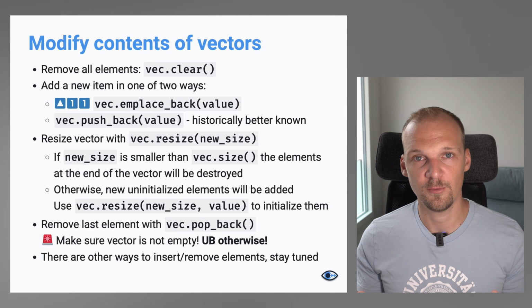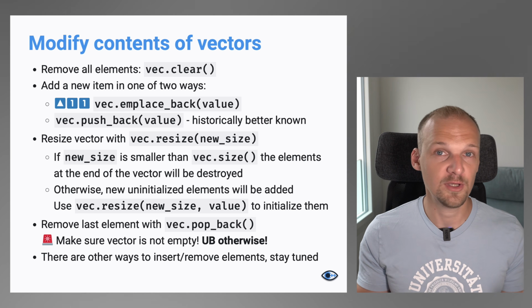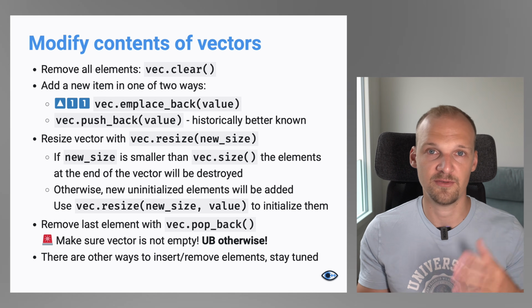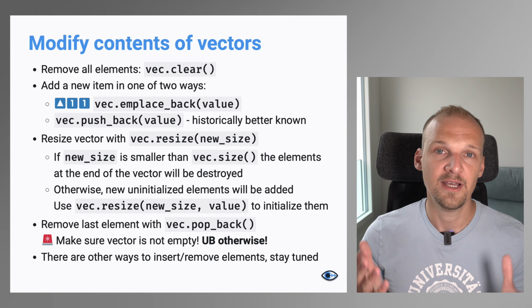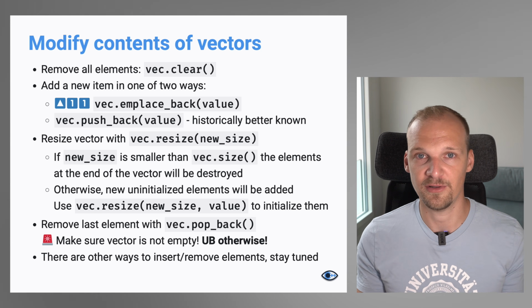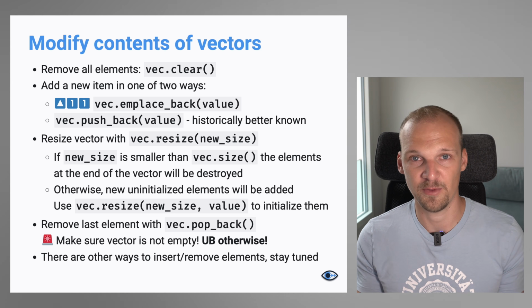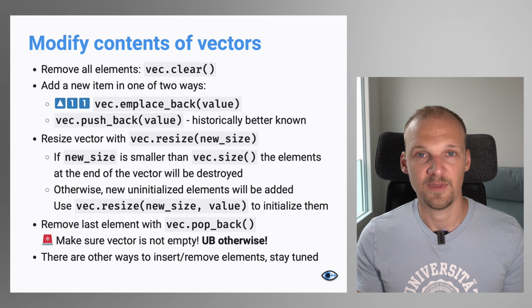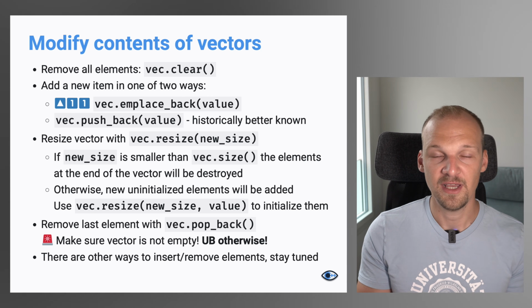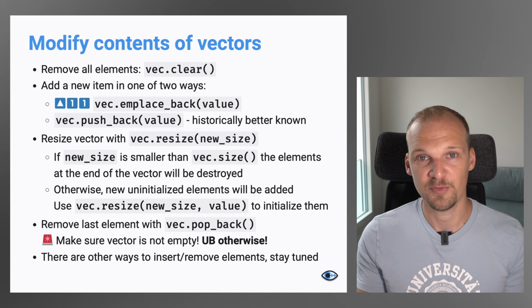There are things that you can do with the vector that you cannot do with an array. You can change its size by adding elements, removing elements, or maybe clearing it altogether. Let's start with clearing. To clear the vector, you basically just call the function clear on it, and afterwards it will be empty. You can add an element to it in one of two ways. There is the emplace_back function and the push_back function.